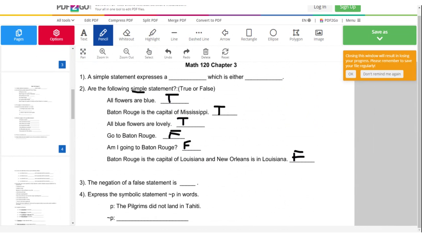Now, the negation of a false statement is true. Remember, that's what the negation does.